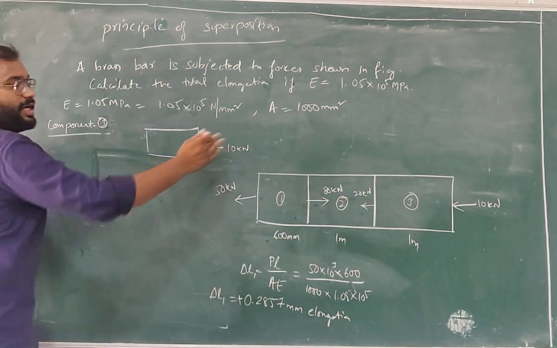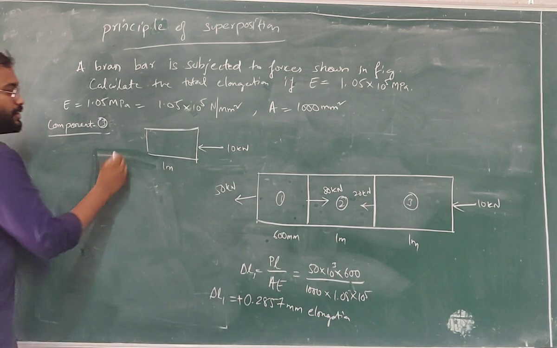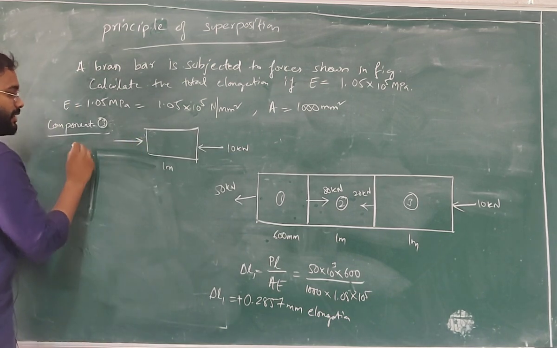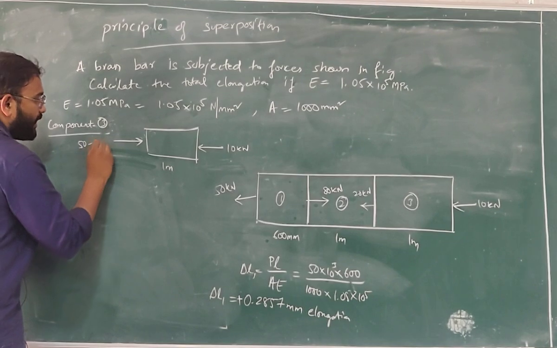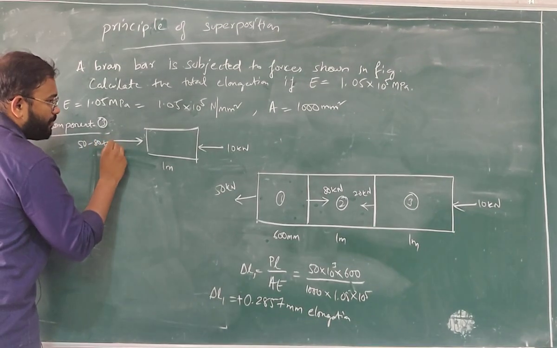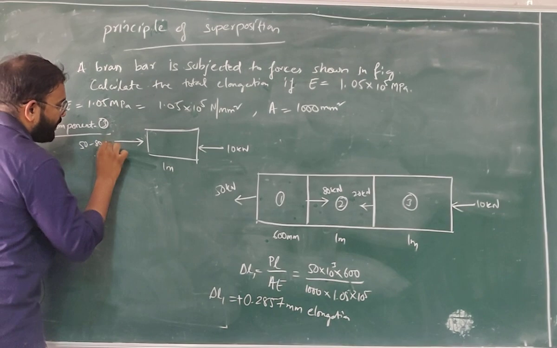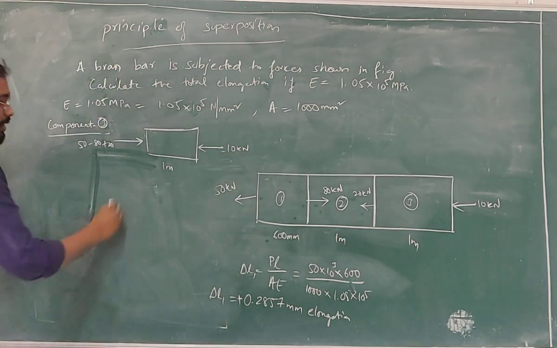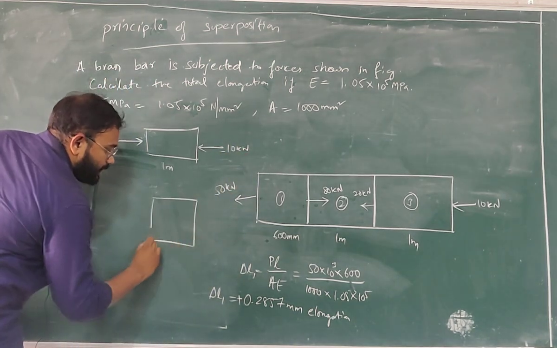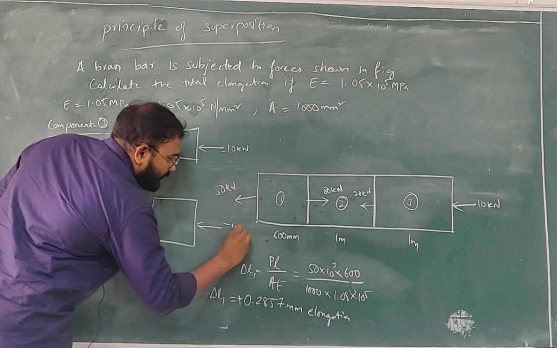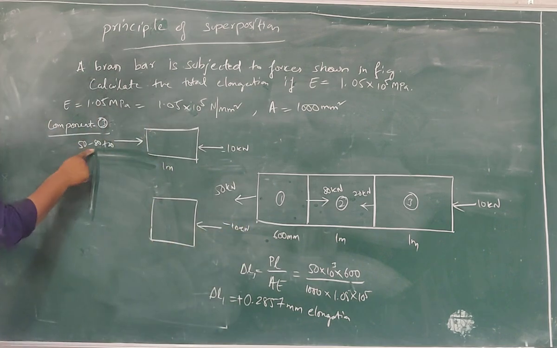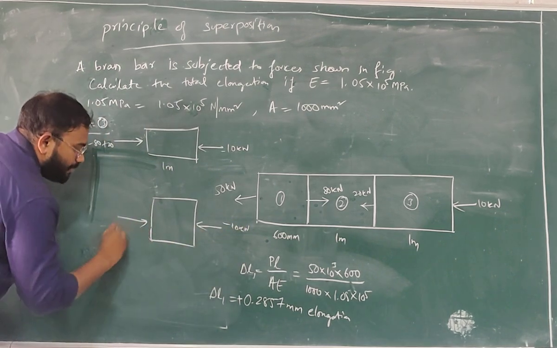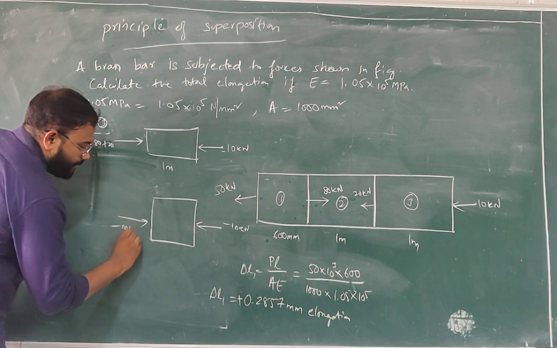Based on the sign, you need to algebraically add all these. So this will be compressive in nature. It is 50 minus 80 plus 20. Okay, 50 minus 80 plus 20. This should be minus 10. Okay, now here you have a box of minus 10 kilonewton here, and this is 70 minus 80, which will be again minus 10 kilonewton. Okay.